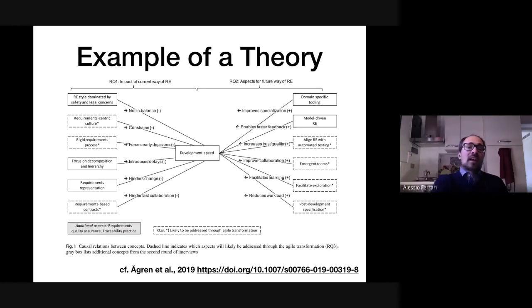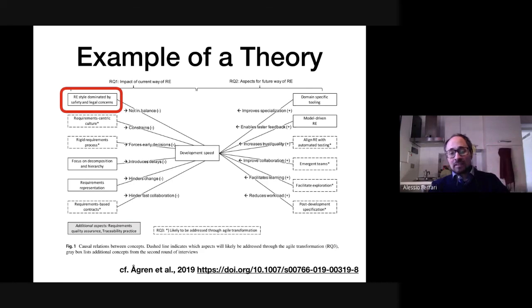They understood that there are some categories that have an impact on it, and these categories are separated between current practices and possible future practices, and the relationship may be positive or negative. For example, the requirements engineering style, RE being requirements engineering, dominated by safety and legal concerns in the corner there, is not in balance, so it affects development speed negatively.